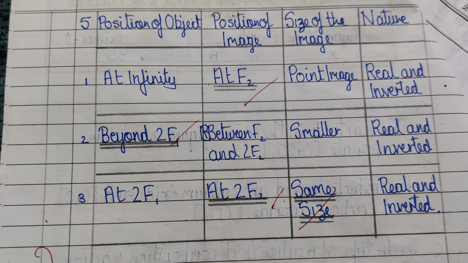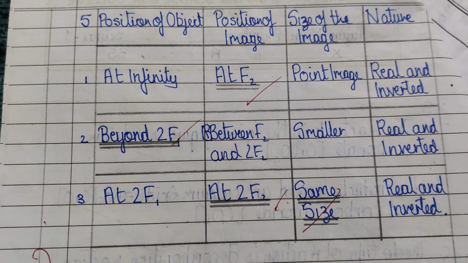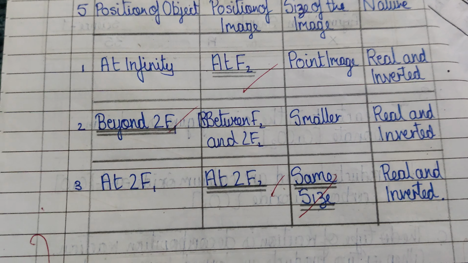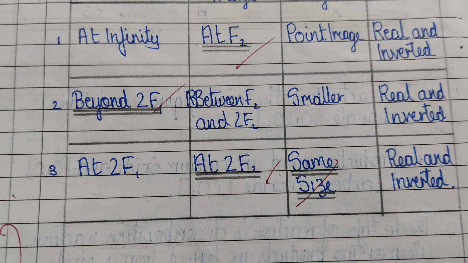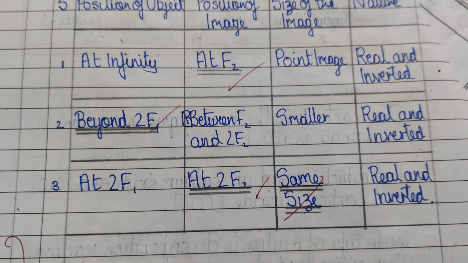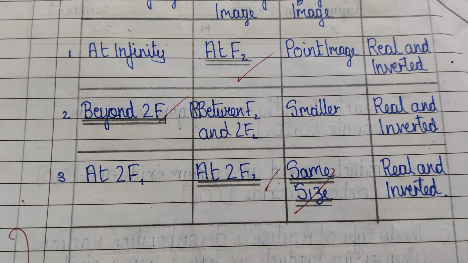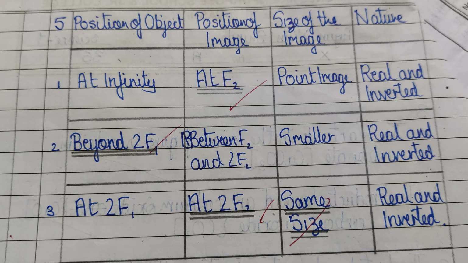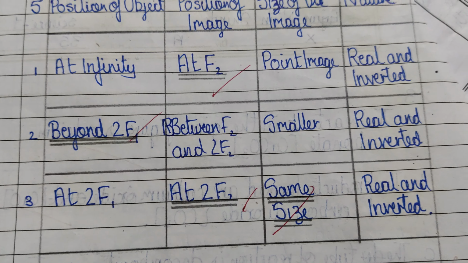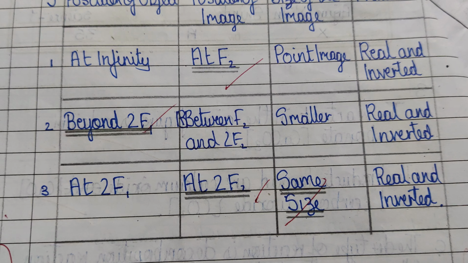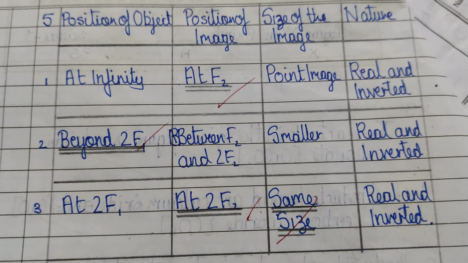If the position of the object is beyond 2F, then the position of image is between F2 and 2F2. The size of image is smaller, the nature is real and inverted. If the position of the object is at 2F, then the position of image is at 2F2. Size of the image is same size and the nature is real and inverted.